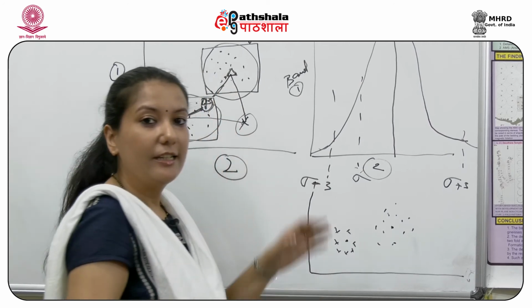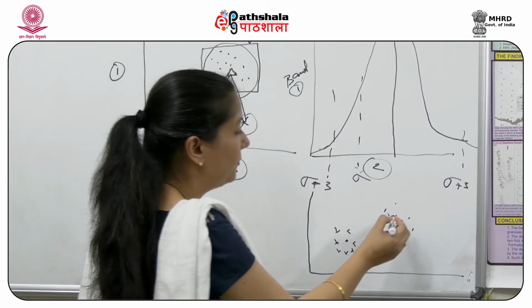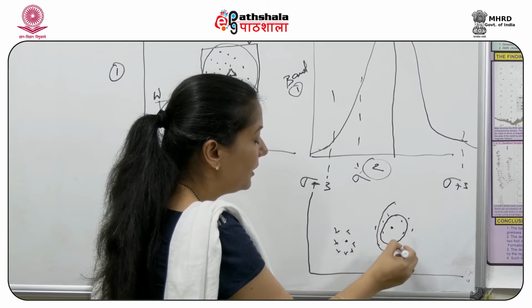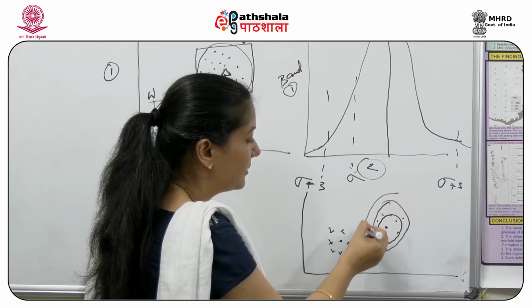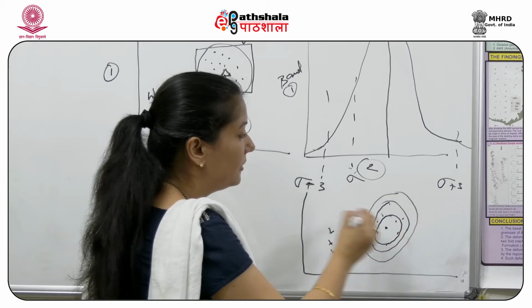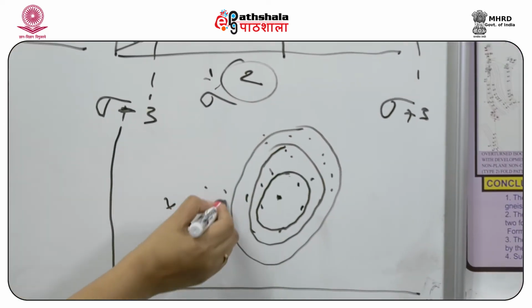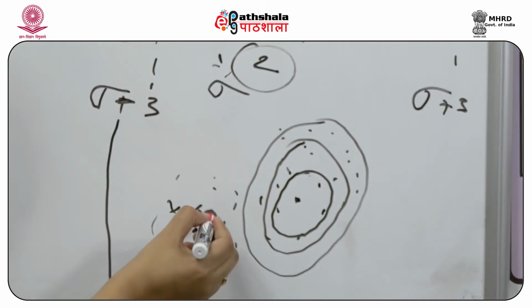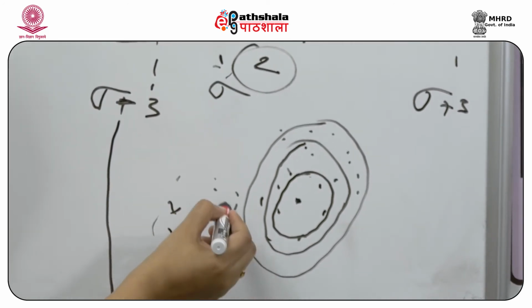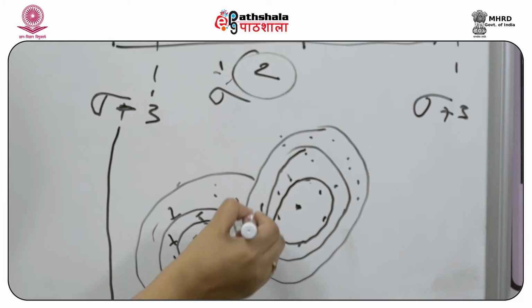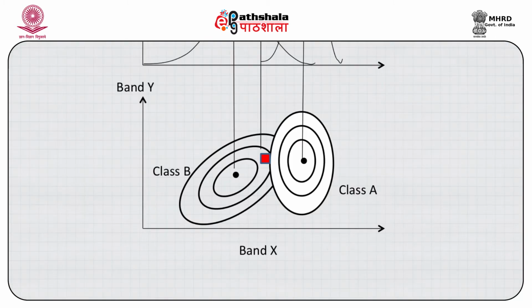Now what happens in probability distribution, we create equal concentric circles covering the pixel space where all the clusters are present. And for this, suppose we have the classes like this, so we create concentric circles here and it might go something like this.